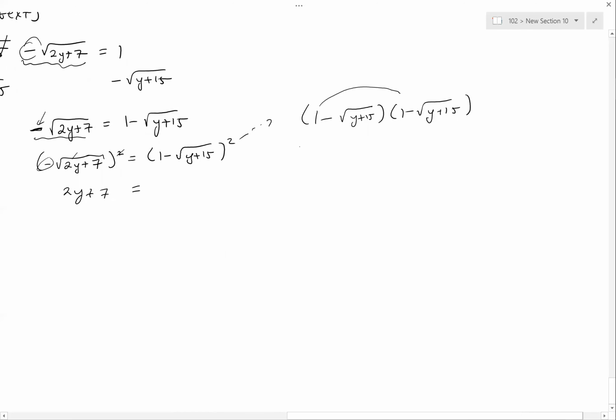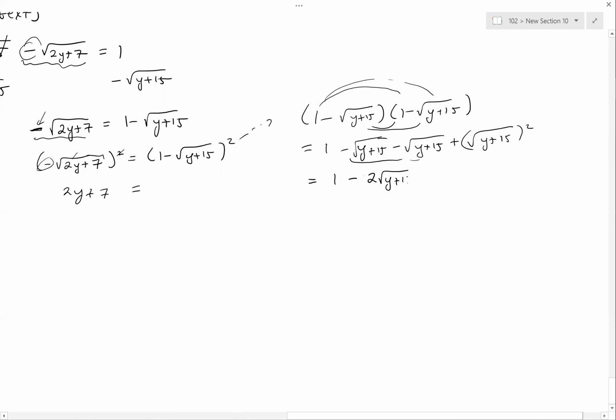So if I multiply everything out here, I'll have 1 minus the square root of y plus 15 minus another square root of y plus 15, and then plus that negative times the negative ends up with the square root of y plus 15 squared. Simplifying this, I can combine those two middle terms together: -2 square root of y plus 15.